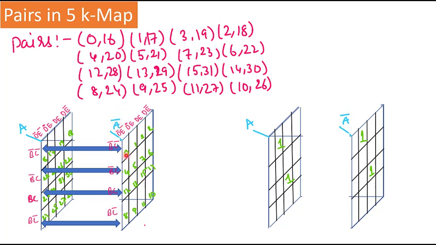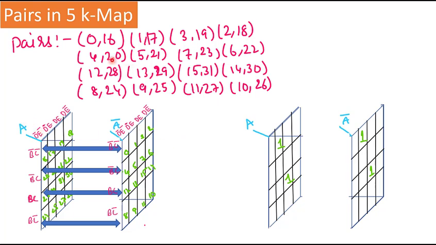So if you take this and this as a pair, you are going to get this variable into A plus A bar, that will be equivalent to whatever the variable you are going to have. That means B bar, C bar, D bar, A bar get eliminated.